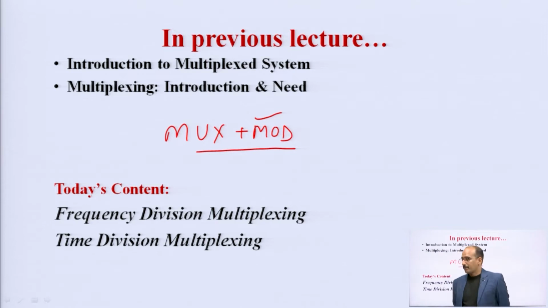Now between transmitter and receiver only a single channel is there, but at the transmitter side as well as at the receiver side we have various users, various sensors or various transducers.